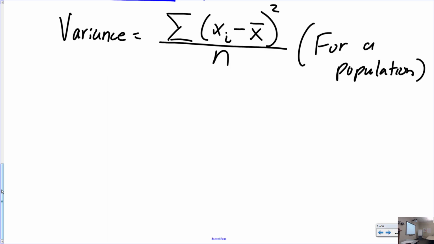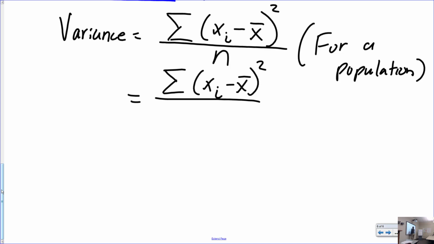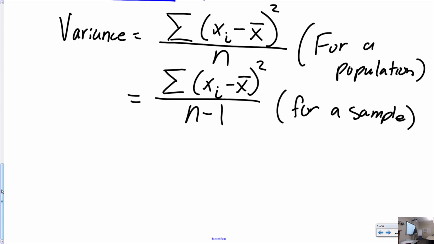And we use this to calculate the variance for a population of data. If, on the other hand, you are dealing with a sample, you actually take one less than the number of numbers when you are working with a sample.